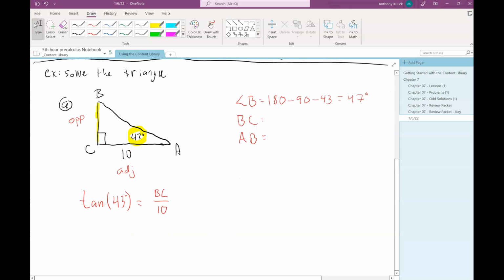Okay. So to solve for BC, I got to get the BC by itself. So what should I do? So I'm going to solve this equation for BC, right? So, yes, Landon.